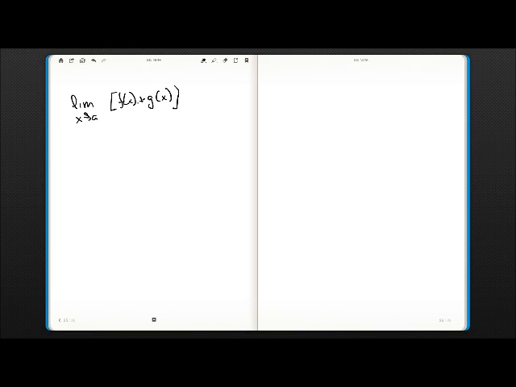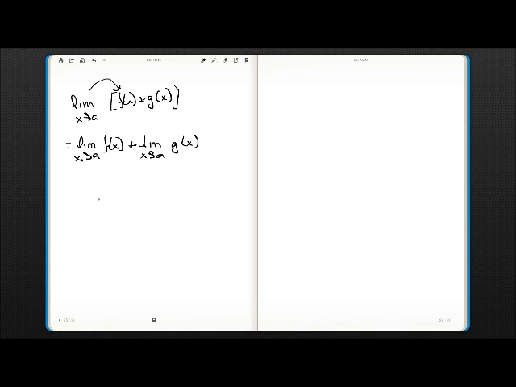So we can use one of the properties where we do it separately for each one: the limit as x approaches a of f of x, plus the limit as x approaches a of g of x.